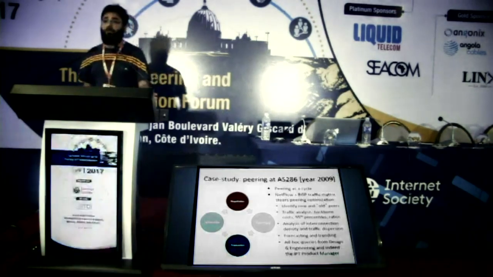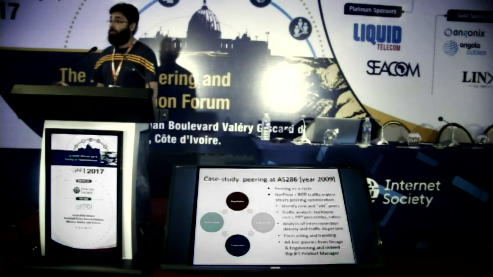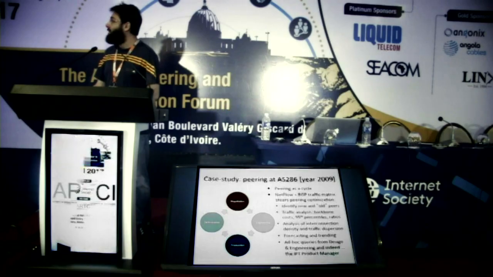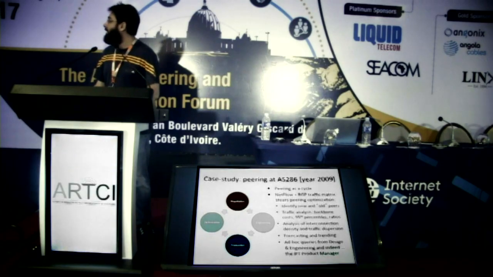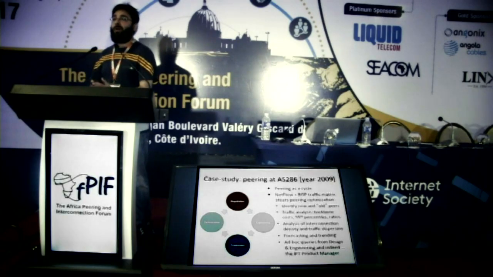Applying this to when I was at KPN in AS286 in 2009, this is how we were doing peering. We were seeing peering as a cycle. We have negotiation, then engineering of the peering. The peering coordinator will go to the engineering department and say, look, we have to do this.